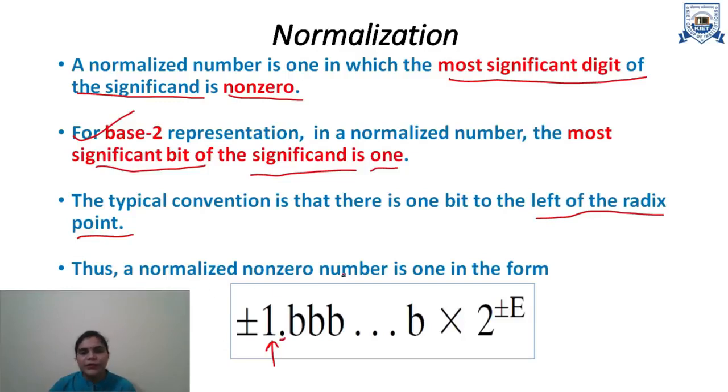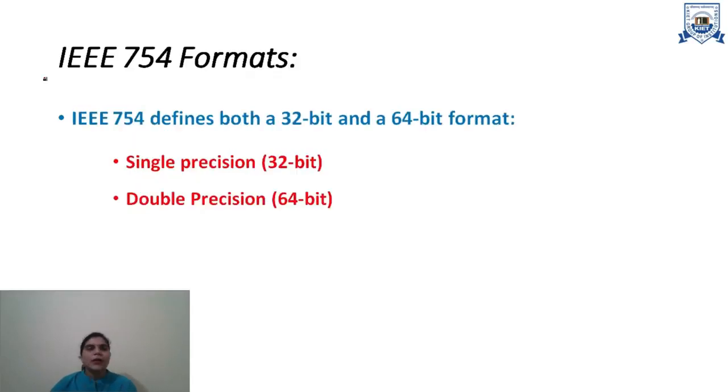A normalized non-zero number is one of the form like this. So, plus minus the sign of the number, 1 point, any combination of bits, or we can say it is the mantissa part or significant part, into 2 to the power plus minus exponent e. So this is the normalized form of the number.